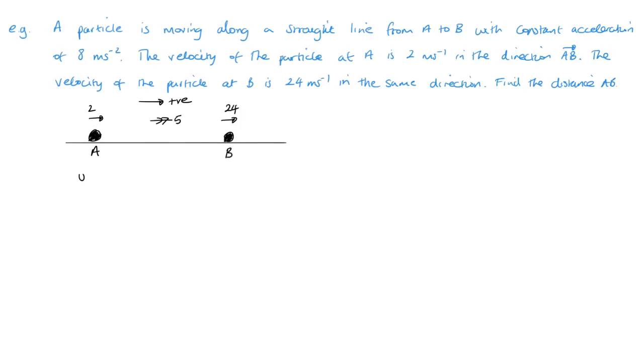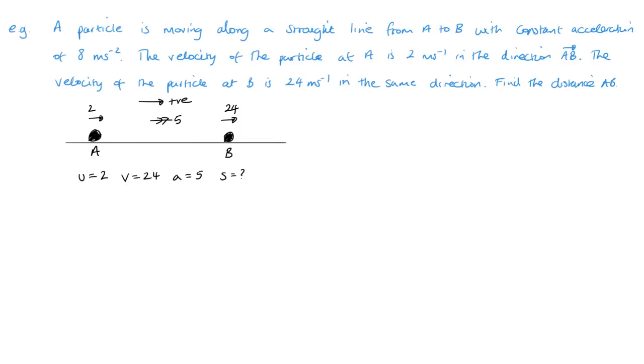So putting that in terms of our letters, u equals 2, v equals 24, a equals 5, s we want to find, and t we don't know or don't want to find. Okay, so I am looking for a formula with these 4 things.